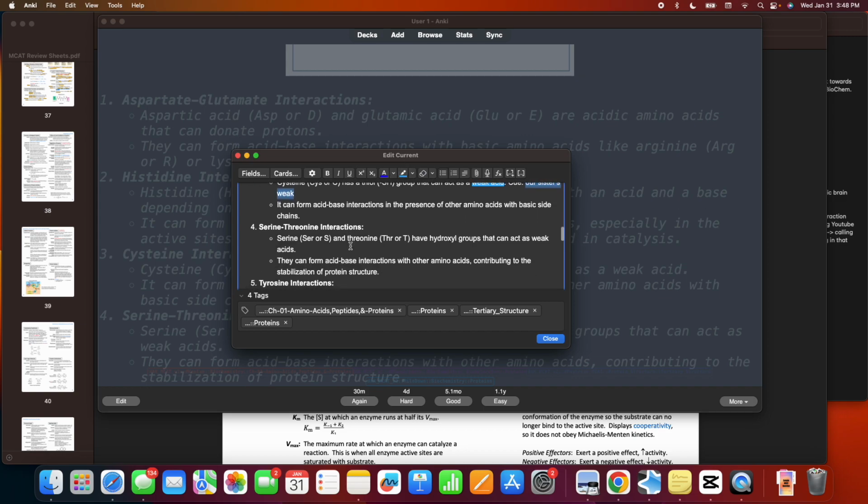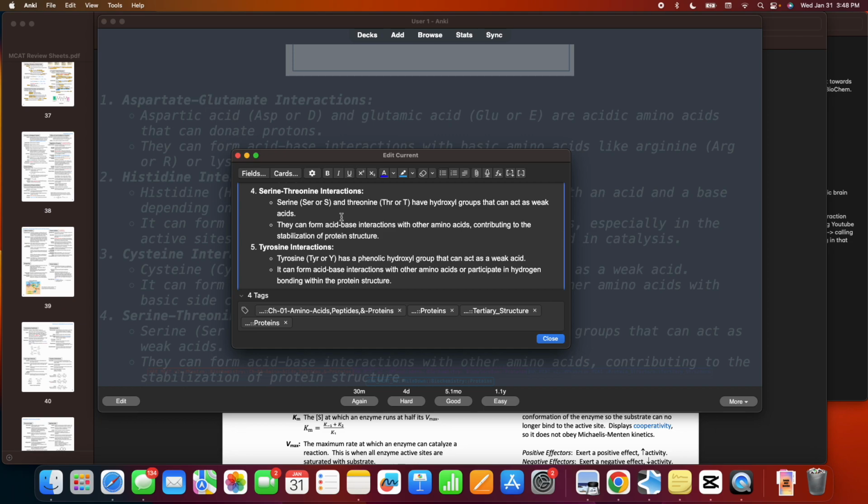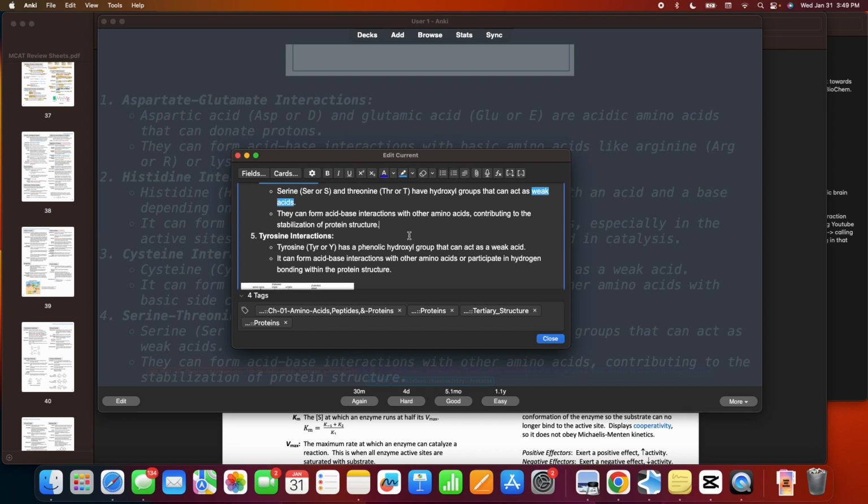Then we have serine, threonine. Weak acids. Stabilization of protein structure with serine and threonine because they can make acid-base interactions.